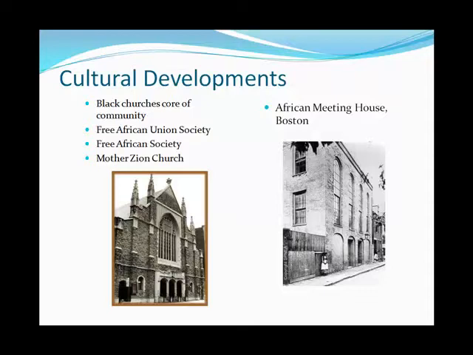The Free African Union Society tried to create a consensus on the subject of a Back to Africa movement. Recall that at the beginning of your chapter, there's a short reading. The introductory reading has to do with James Forten in Philadelphia, and this question that comes before a group of people in that city on the subject of immigration or the Back to Africa movement.